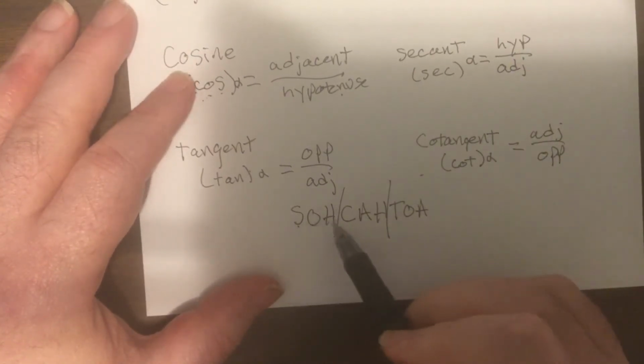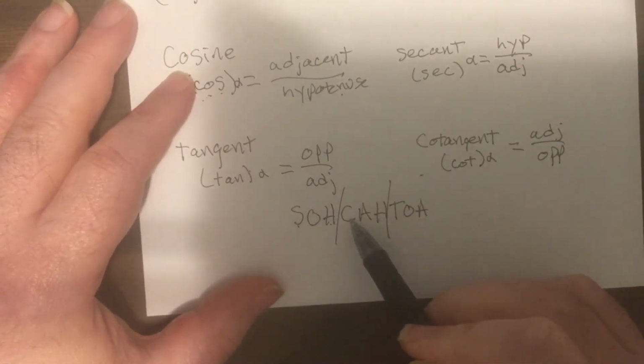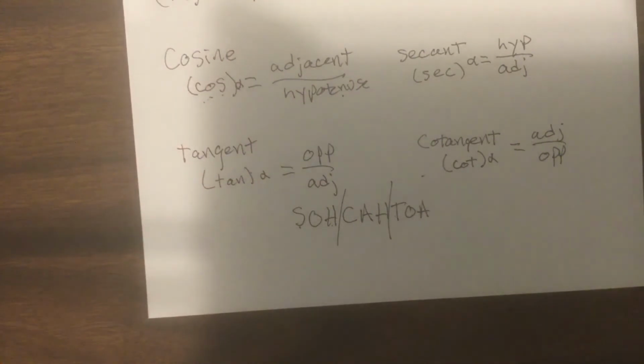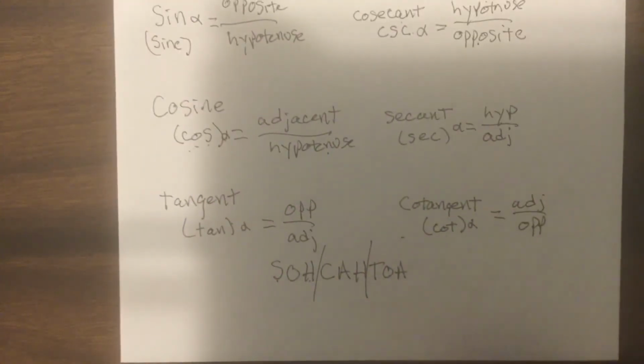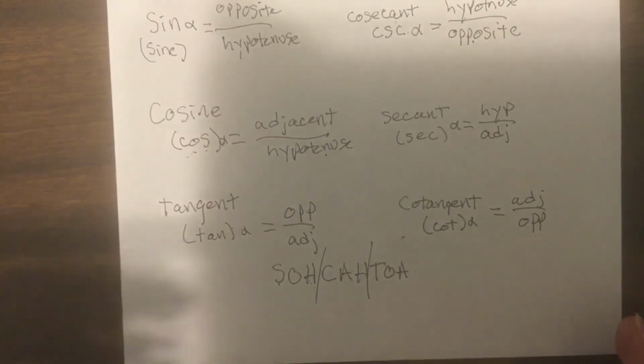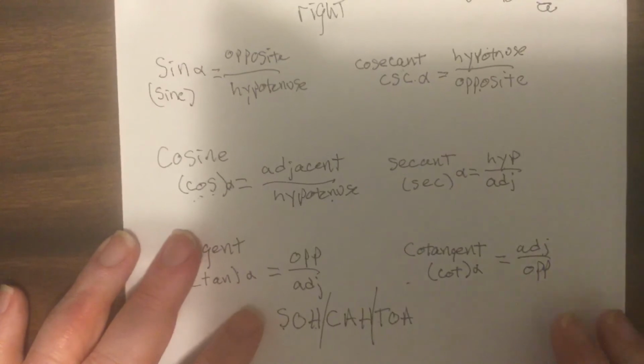Sine is opposite over hypotenuse. Cosine is adjacent over hypotenuse. Tangent is opposite over adjacent. So if you want to use that to help you memorize, go ahead. I don't like it because it makes me remember my grandmother washing her feet, and she had the gnarliest toes. They were twisted around. Ew! Now see what you made me memorize.